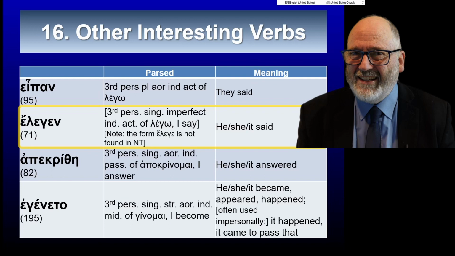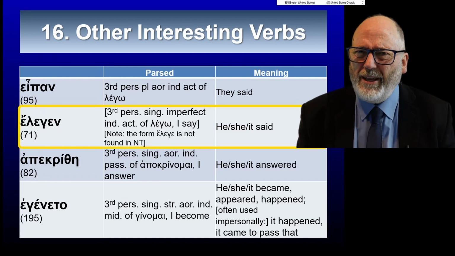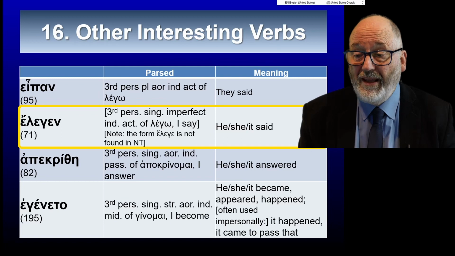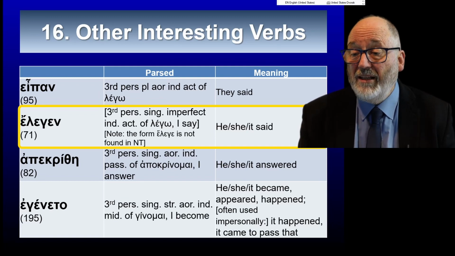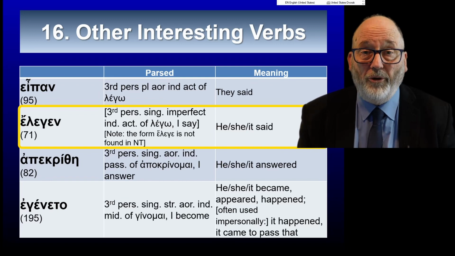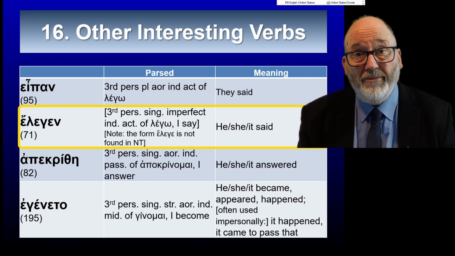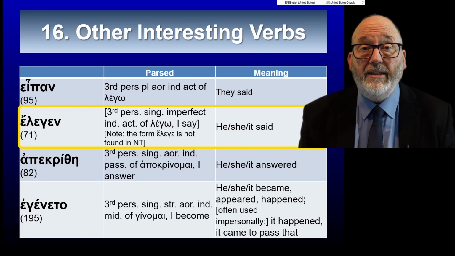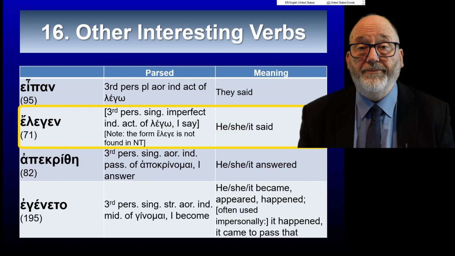Now, ἔλεγεν is not strictly speaking an aorist, but it's also from λέγω, and you can see that it has the ἔλεγεν form, which is familiar from the strong aorist endings. In fact, this is the third person singular imperfect indicative active.